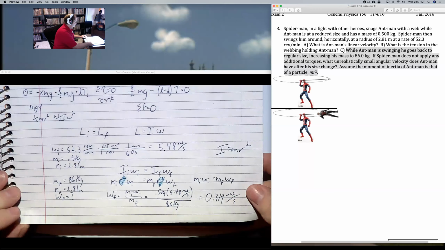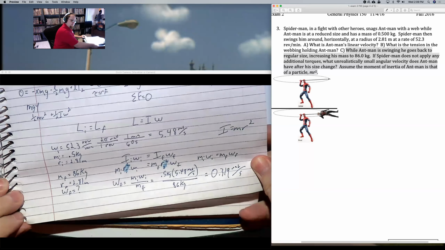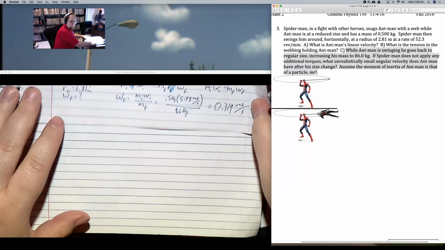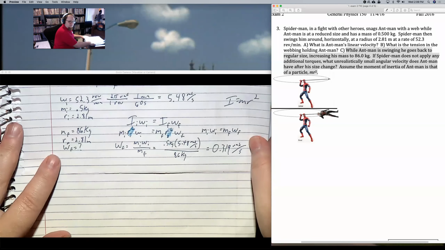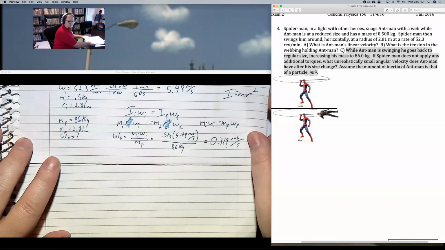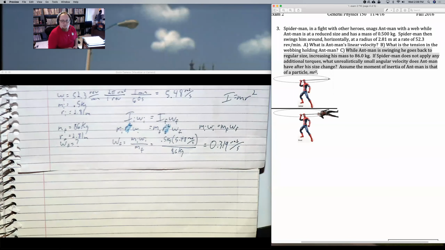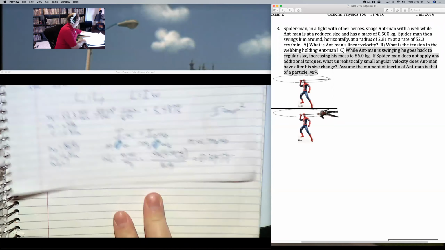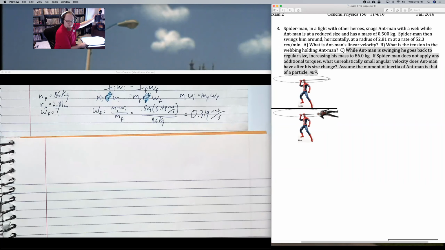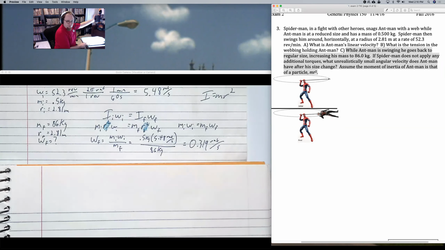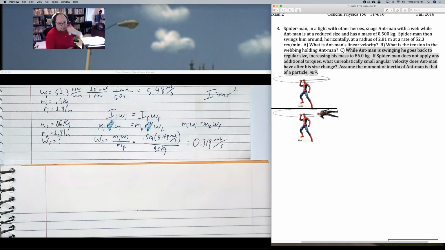Now in the chat, I was asked to do the other parts. So let's look at parts A and B. In part A, and you know what, I'm going to rearrange how I have this for a second, just so I can not waste paper. In part A, it says, what's his linear velocity?